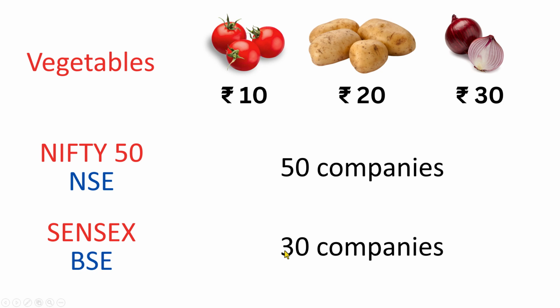What it means is only these 30 companies or some of these 30 companies are doing good, whereas others might be doing bad. We do not know. We have to check them individually to know how they are performing. Alright? So we cannot say that the indices tell us how the economy of a country is doing.